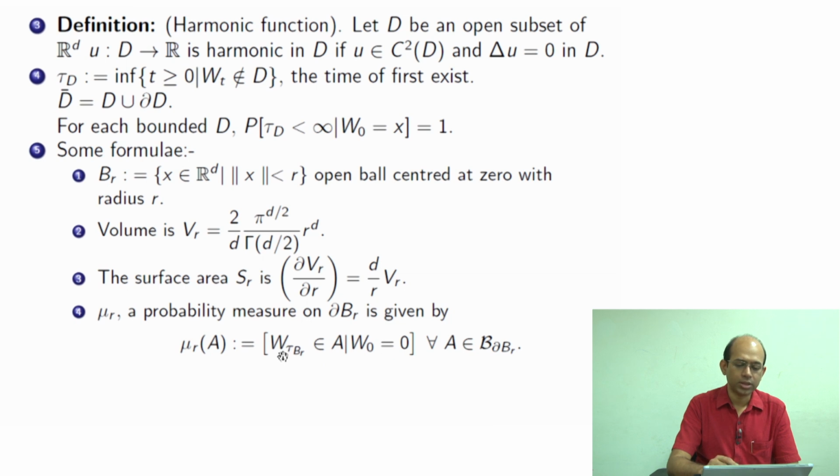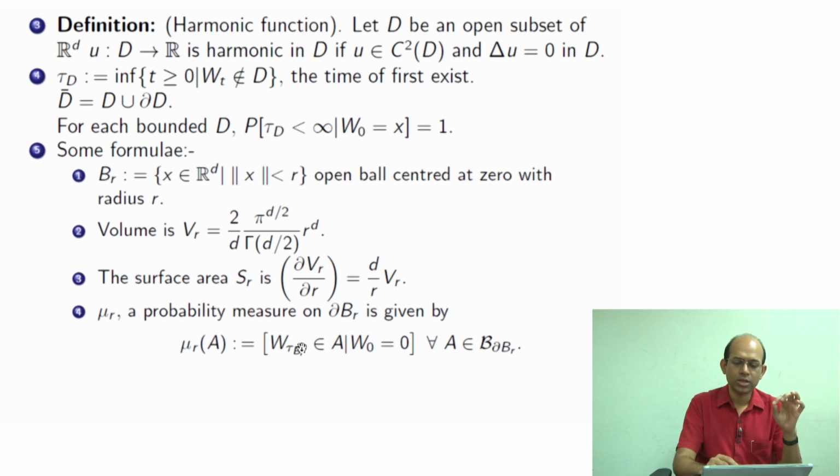This is the probability, the P is missing, probability that W at tau B_R, what is that? That is the Brownian motion value at the time when the Brownian motion touches the boundary. So tau B_R is the exit time of the B_R ball. At the exit time, the Brownian motion should be found at the boundary itself.